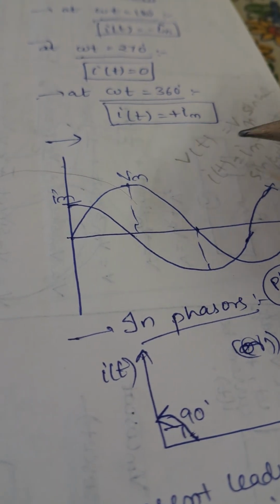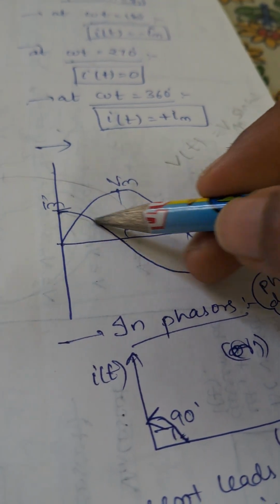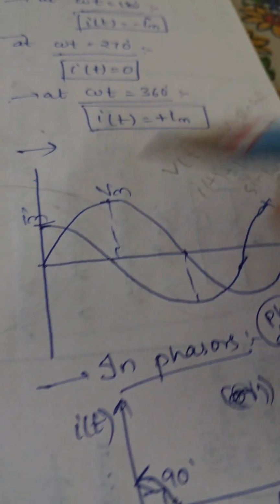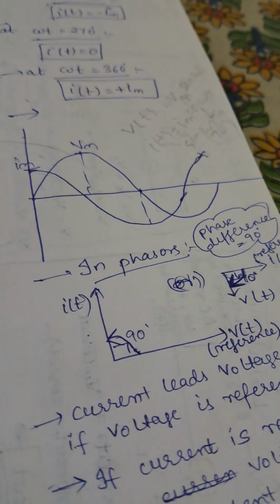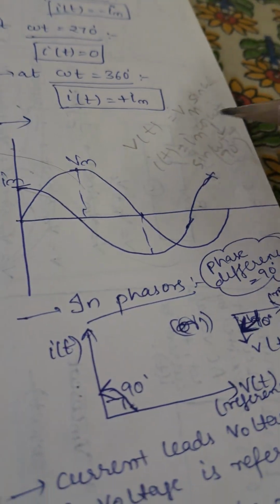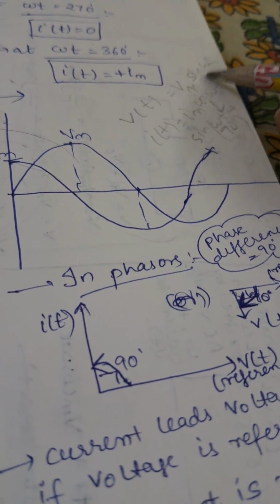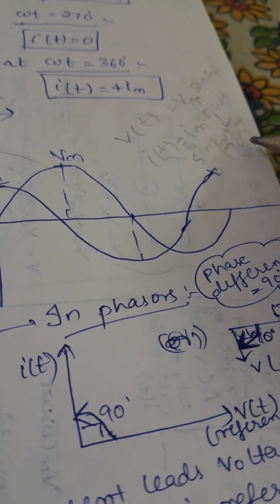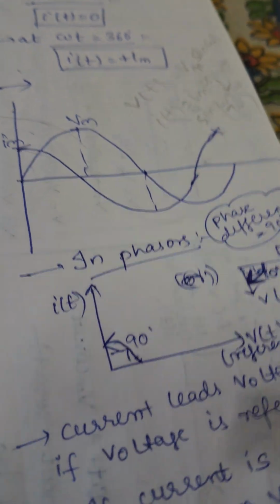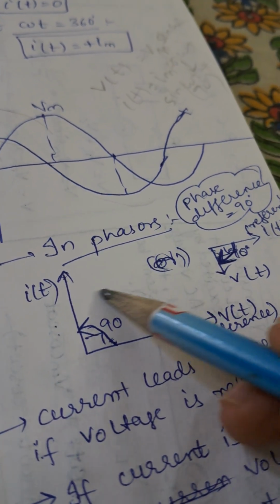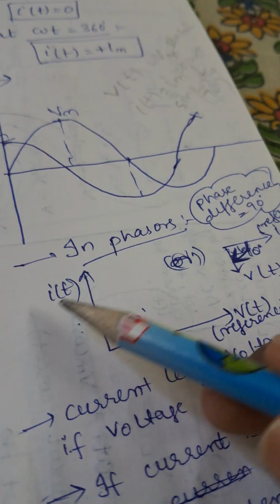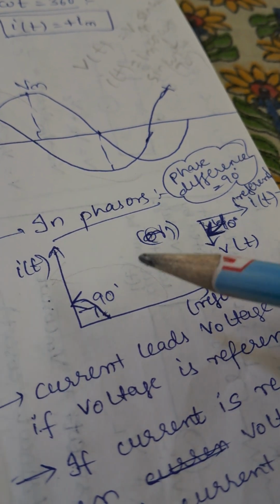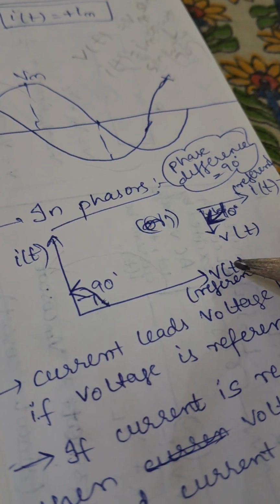Our current is a cos curve, voltage is a sine curve. As voltage is the reference, current is 90 degrees more than voltage. So current leads voltage by 90 degrees for a capacitor when voltage is the reference.